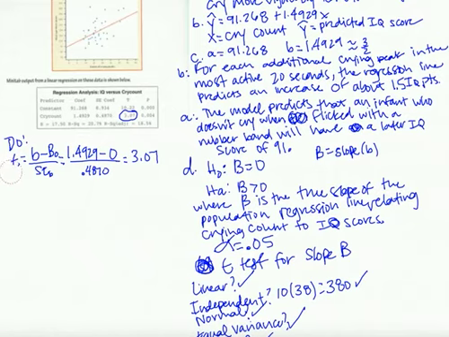You'd also need to get your p-value. The good thing about having your Minitab output is that it gives you your p-value. So to get your p-value, if you're dealing with slope, you're going to look in the p column and you're going to look across in the same row as you were dealing with your slope. So this would be your p-value.